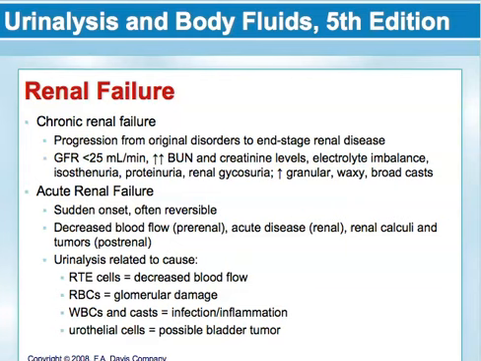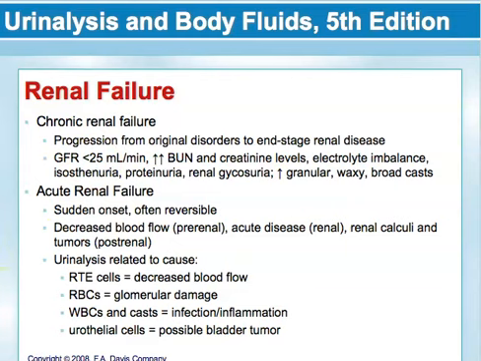The acute form will come on suddenly, but most times is reversible. And you can have pre-renal, renal, and post-renal causes. And even though patients can present with a variety of symptoms depending on the cause, decreased GFR, oliguria, edema, and azotemia are normally also present.